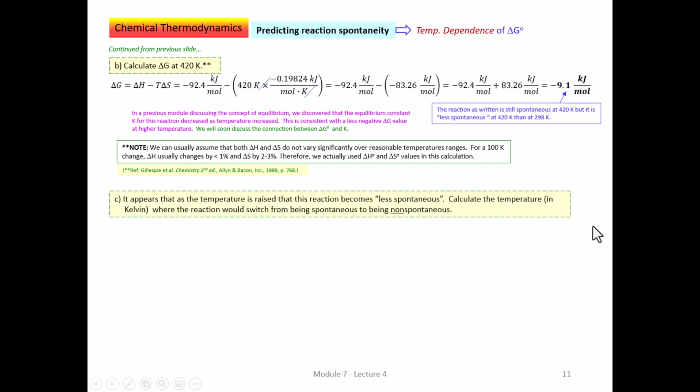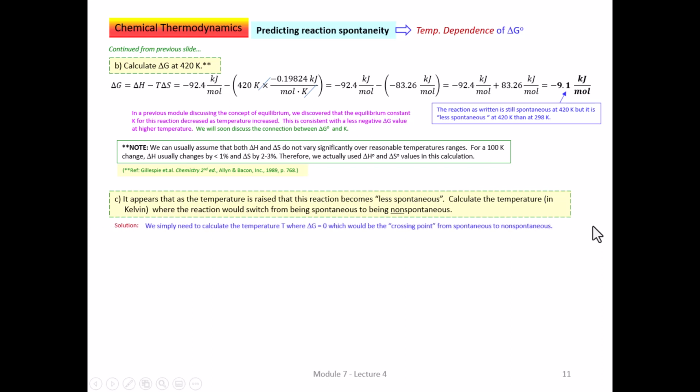So it appears that as the temperature is raised, this reaction becomes less spontaneous, but that begs the question, at what temperature does it become non-spontaneous? What we need to do is just calculate what temperature we need to go over the crossing point between spontaneity and non-spontaneity, because again, this is a case 2 scenario, which means if we raise the temperature high enough, the reaction will become non-spontaneous.